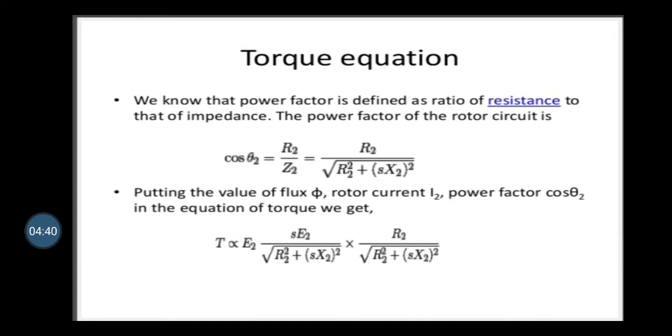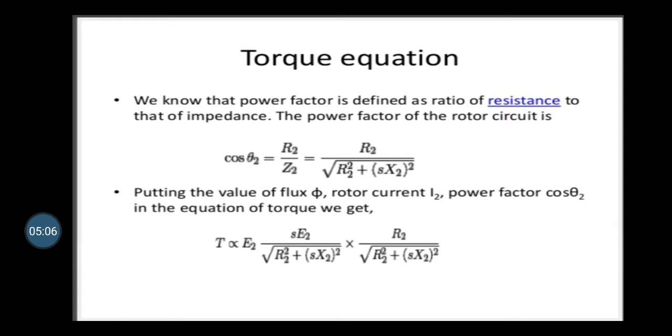Now putting the values of main flux phi, rotor current I2, and power factor of the rotor cos theta 2 in the equation, we get torque is directly proportional to I2 into phi into cos theta 2.